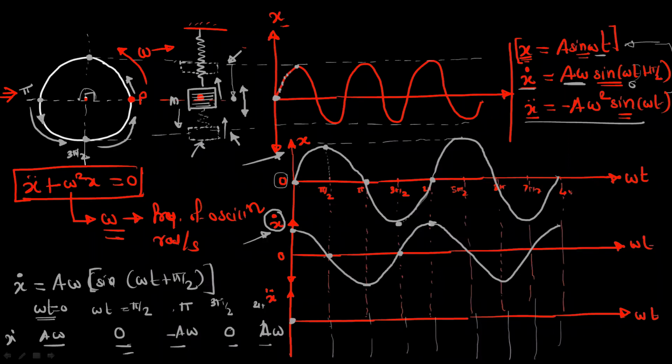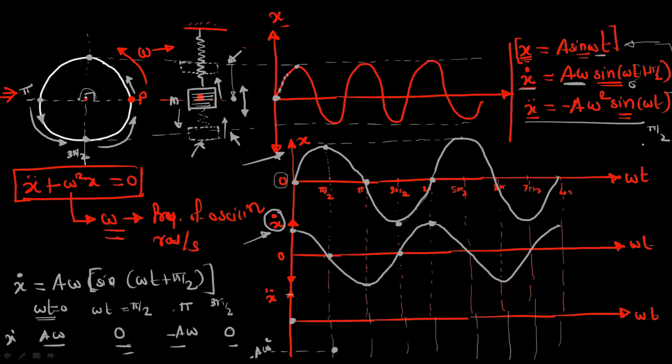Then put omega t pi by 2. Sine pi by 2 will be 1 into minus a omega square, so it is negative. This is minus a omega square, and here you will get plus a omega square as acceleration.